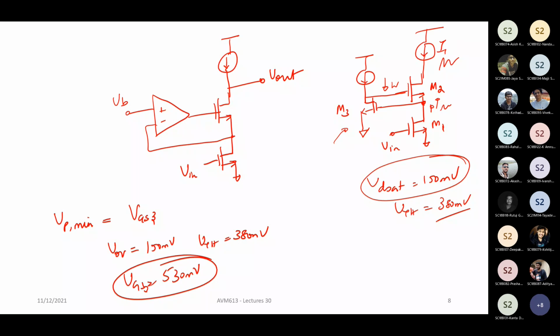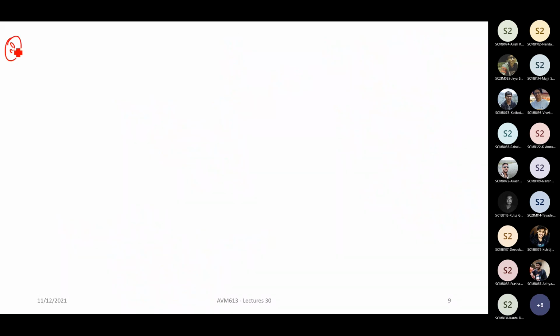So now we can say, okay, putting an NMOS is not a very good idea. Let us try to put a PMOS. Okay, so this is the implementation with the NMOS auxiliary amp. Let's say we use a PMOS auxiliary amp, what will happen?